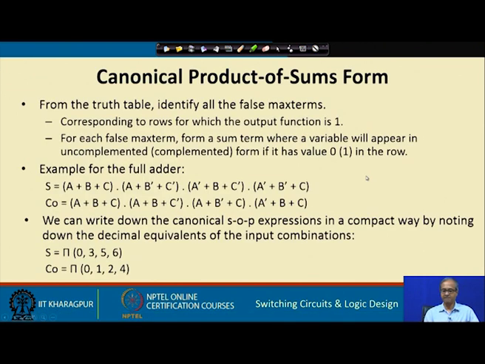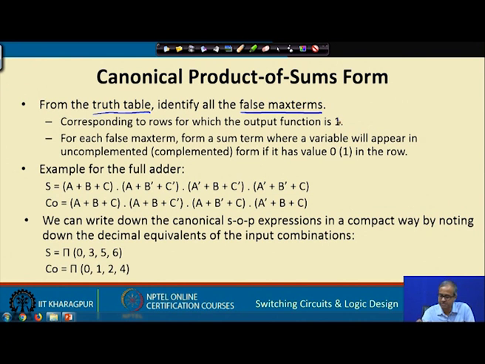Similarly, we can have the canonical product of sum form. So, what is the rule here again? Rules are very similar. The only difference is you identify the false minterms. Earlier we had identified the true minterms. You find out the rows for which the outputs are 0.